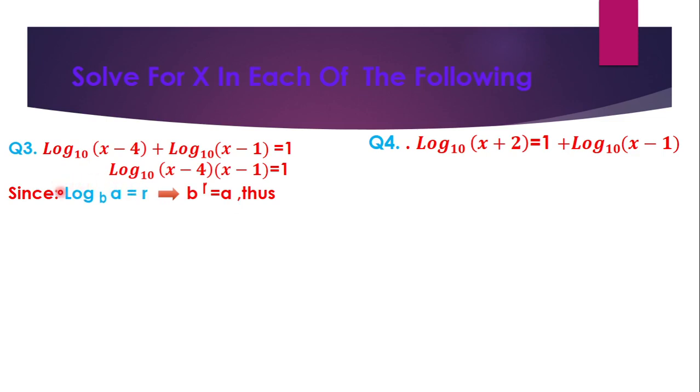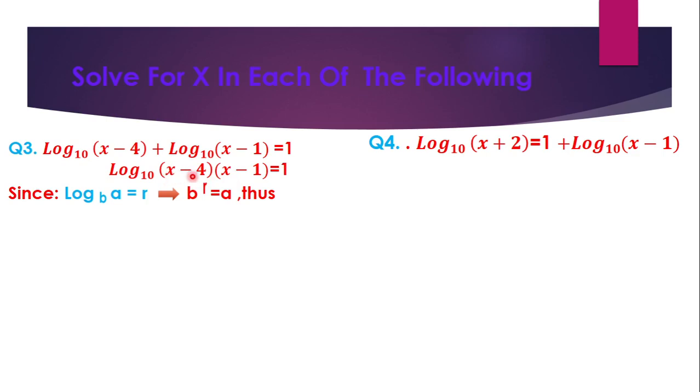This is just one of the laws of logarithmic functions which you may need to remember. So we apply the same property to the expression we have here. So this time our base is 10, right? So we have our base 10 to the power 1, because our real number, which is acting as a positive real number, is 1.